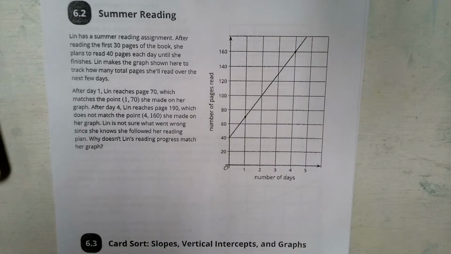After day 1, Lynn reaches page 70, which matches the point (1, 70) she made on her graph. After day 4, Lynn reaches page 190, which does not match the point (4, 160) she made on her graph. Lynn is not sure what went wrong, since she knows she followed her reading plan. Why doesn't Lynn's reading progress match her graph?